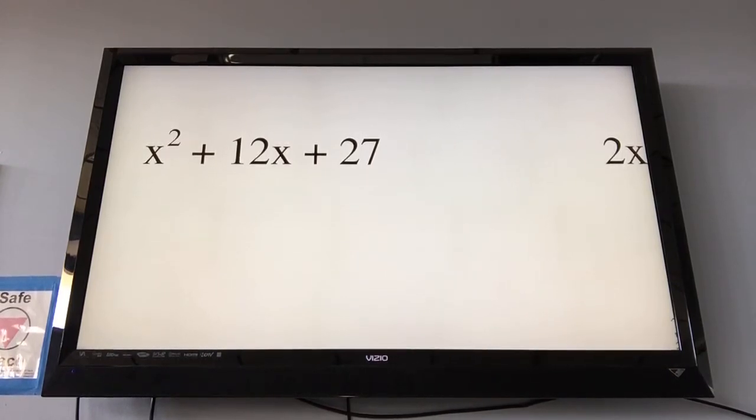Okay. So then I have 3 terms. So this is my trial and error. So x squared is x times x. Positive at the end means my signs are the same, so I'm going to look to the middle. Plus and plus. 27, I'm looking for two numbers that multiply to give me 27.